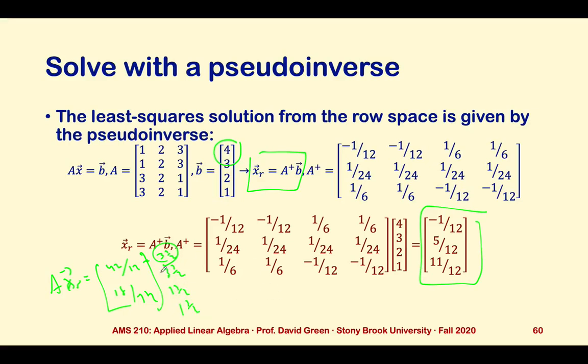Right? 3/2 is halfway between 3 and 4. 1/2 is halfway between 2 and 1. This makes sense as a best approximate solution. We find an answer perfectly in between the two inconsistent pairs. This happens to be in the row space of this matrix, and that can be shown also.